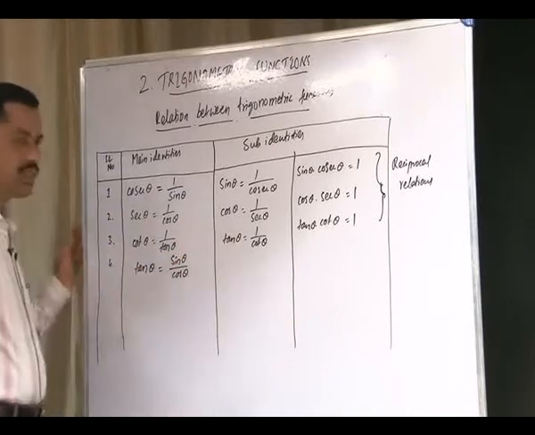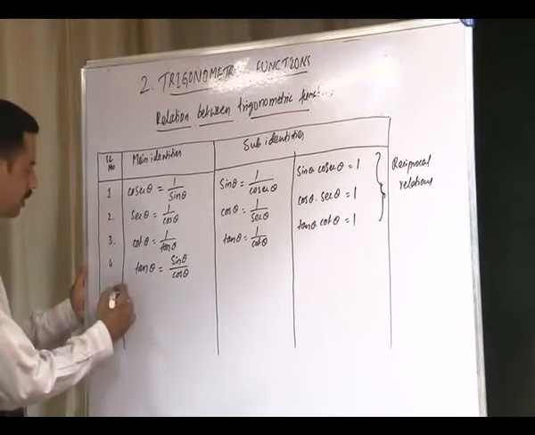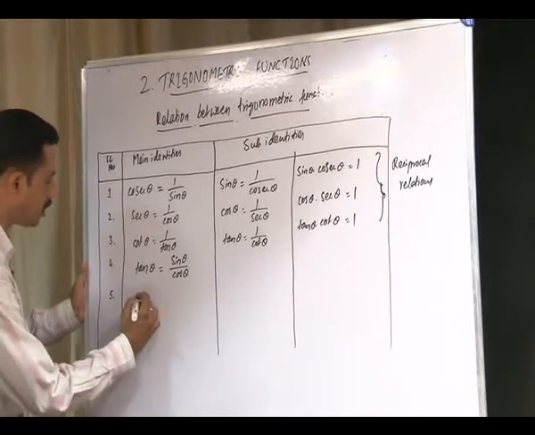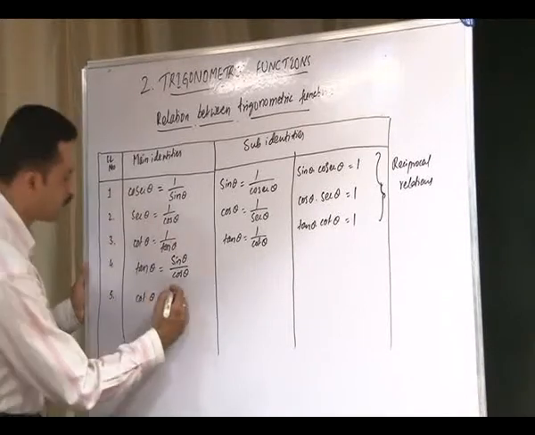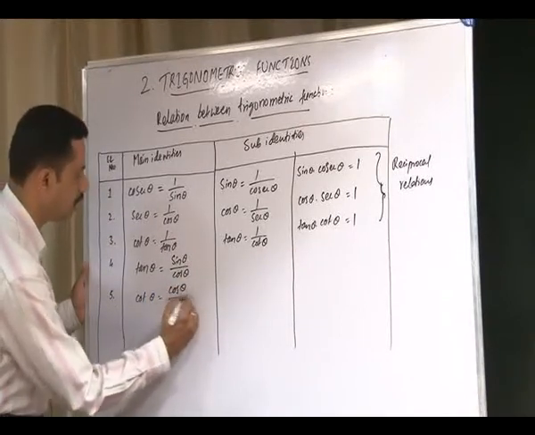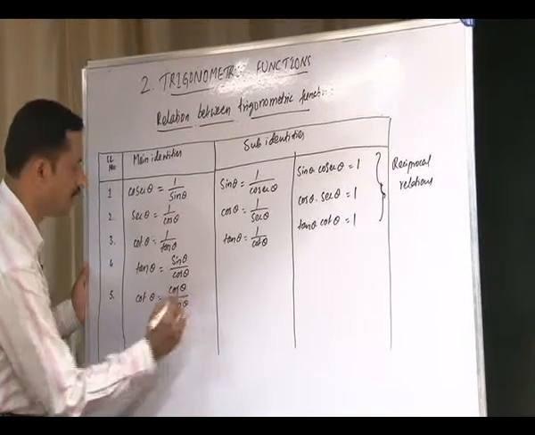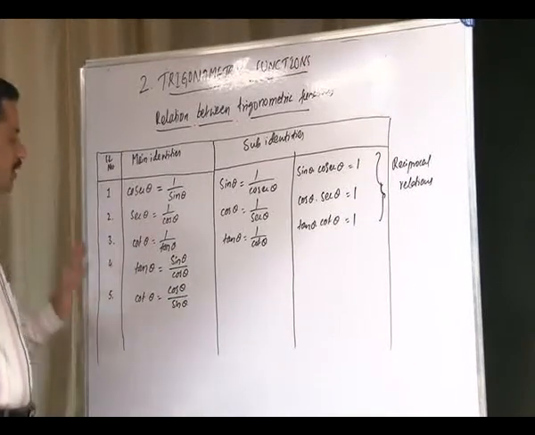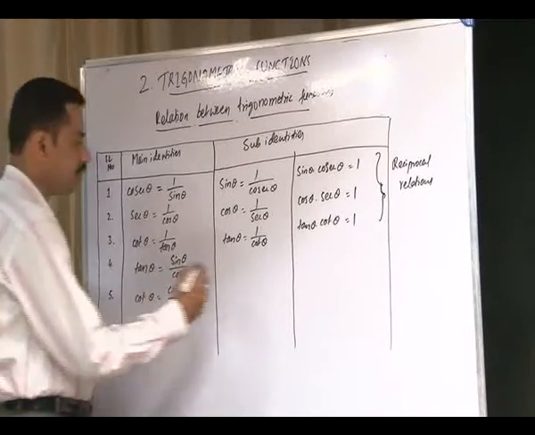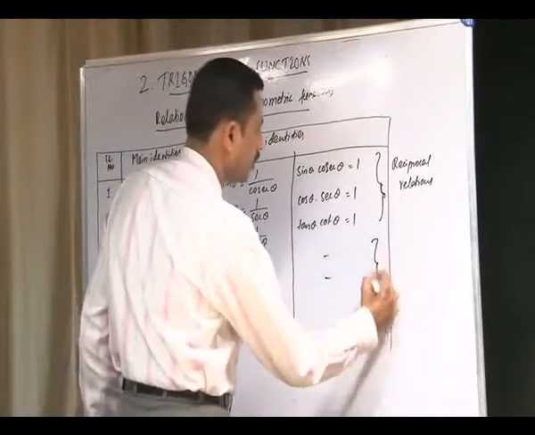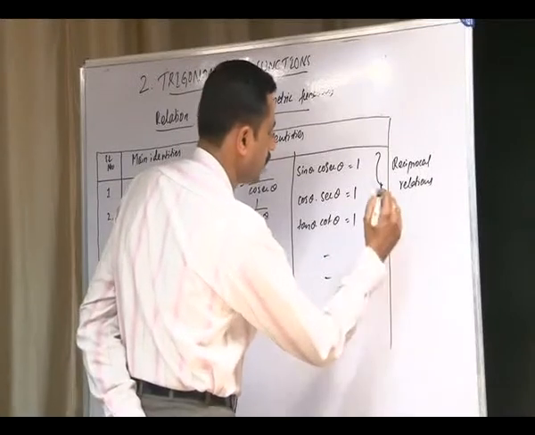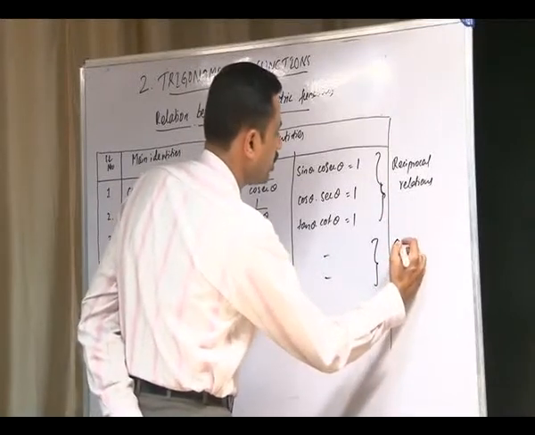And one more, cot theta is given by the reciprocal of this, that is cos theta divided by sin theta. Cos theta divided by sin theta gives cot theta. For these two there are no sub identities, and these two relations are quotient relations.